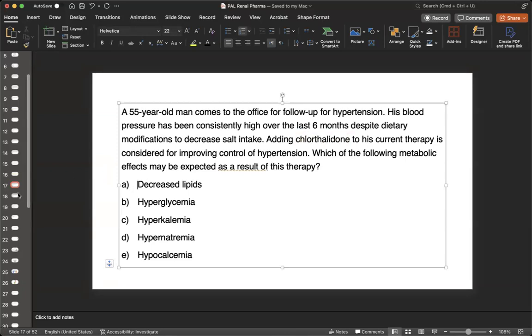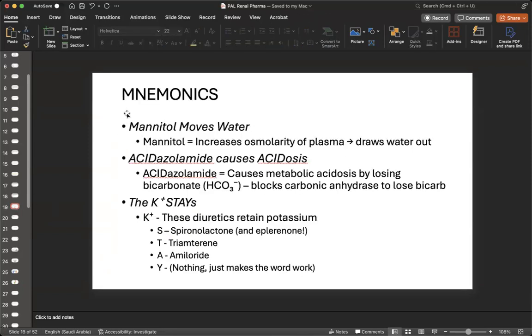Okay, great. So hyperglycemia, decreased lipids, it's the complete opposite. Hyperkalemia, no, it causes hypokalemia. Hypernatremia, no, it causes hyponatremia. That's why it works, and it does not cause hypocalcemia because it causes hyperglyc, and the C is calcemia, hypercalcemia. Great.